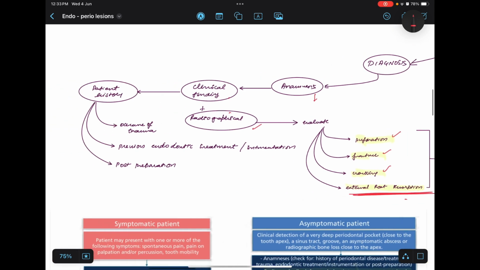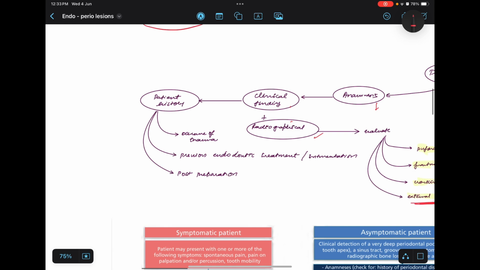After clinical findings, of course, you also go for patient history. This I may have mixed up a little. Patient history is always first, of course. In patient history, the patient might reveal occurrence of trauma, previous endodontic treatment or instrumentation, and post-preparation. So these things mostly are responsible for your endo-perio lesion.